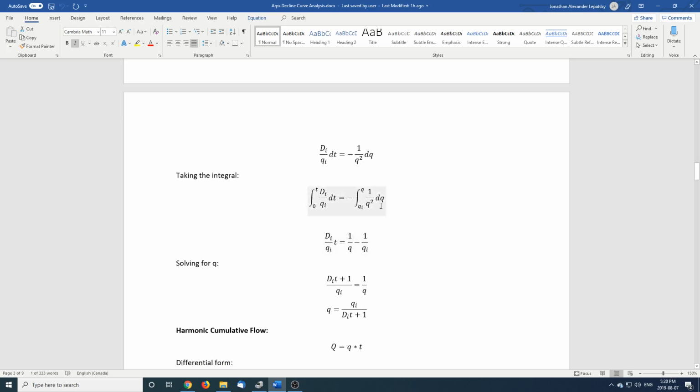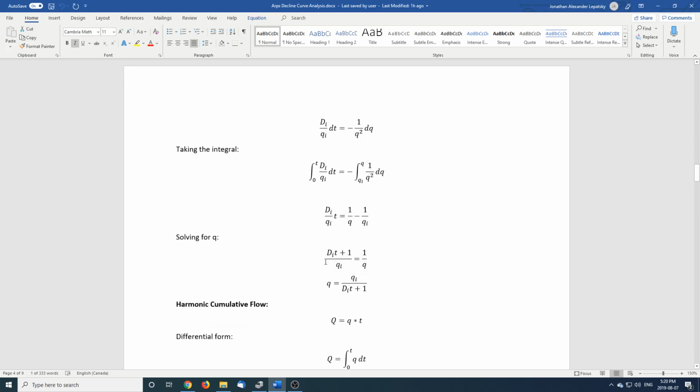So then you put your limits in, and because you had the negative sign here to begin with, the negative sign that's created by the integral is taken care of, and then you just get 1 over q minus 1 over qi, and then you solve for q. To do that, you add this 1 over qi to both sides, and that looks like that. Then you can invert both sides by flipping the fractions, and you get q is equal to qi over dit plus 1.